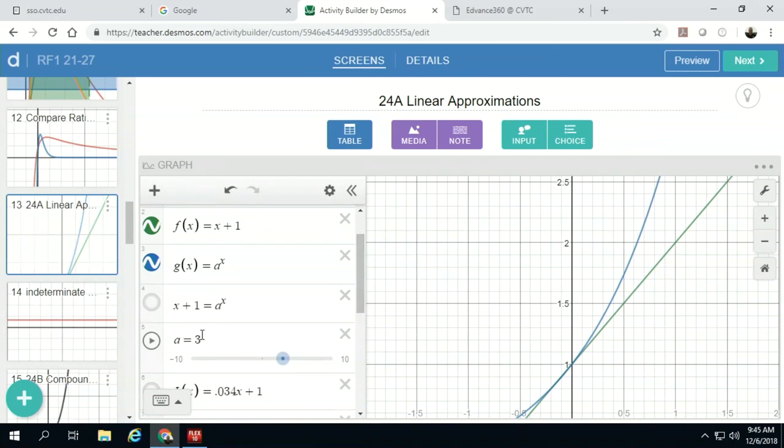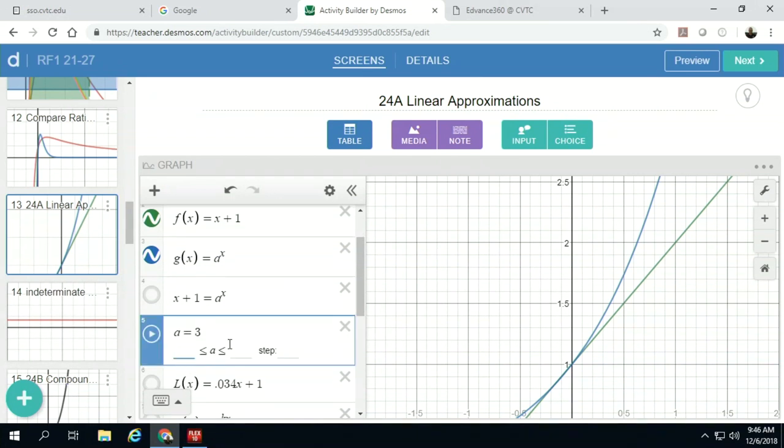Okay. It says what happens if you change A so that it goes somewhere between 1 and 4. Let's just watch what happens as we go from 1 to 4 on that interval. What do you see happening to the place where the graph intersects?